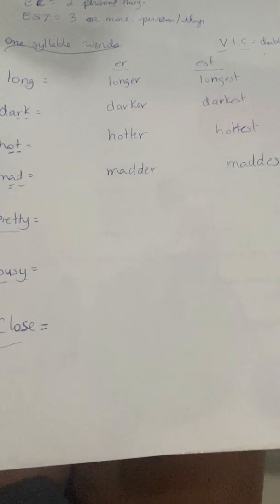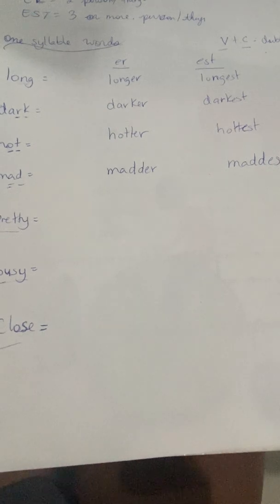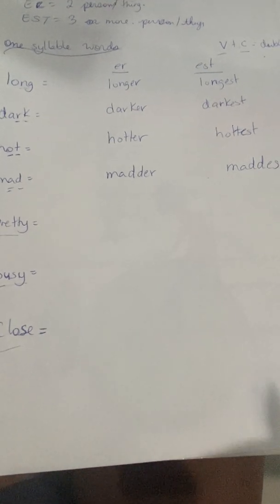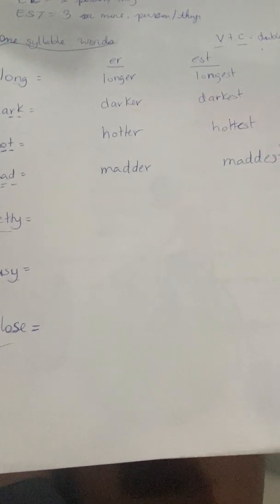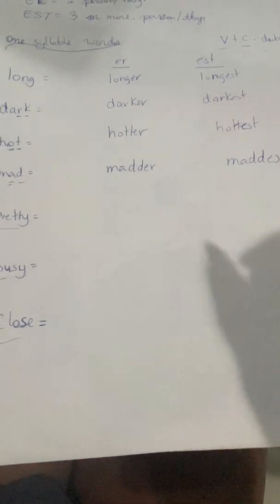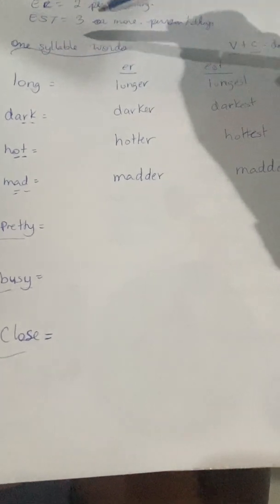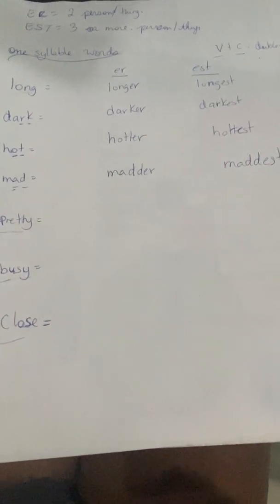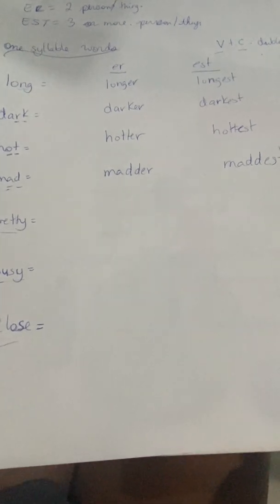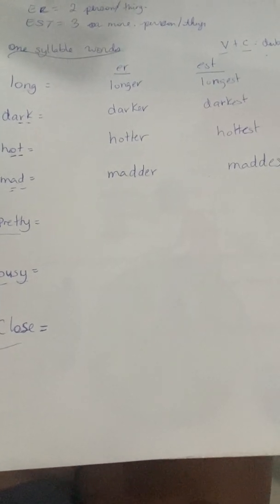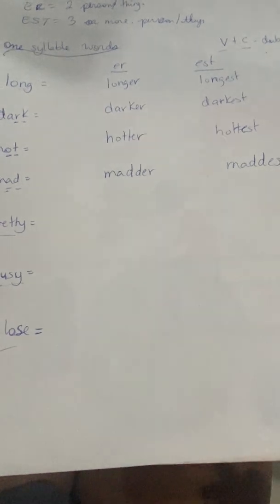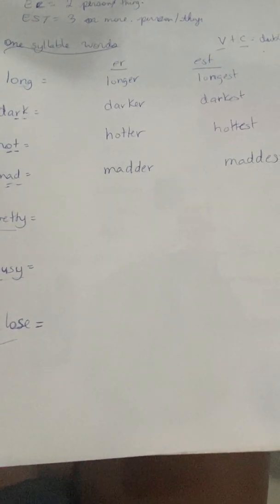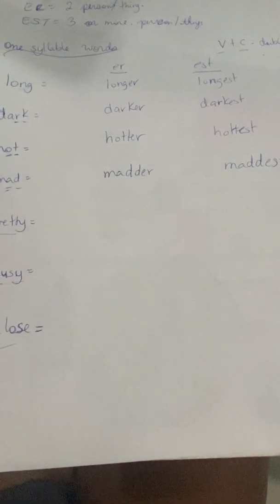Okay, so there are a few exceptions to the rule. Usually the words that end with Y have 2 syllables, but they still follow this 1 syllable word rule. Now in English, there are a lot of guidelines, things that could help us to apply rules, but there's always exceptions because the English language is very, very complex.